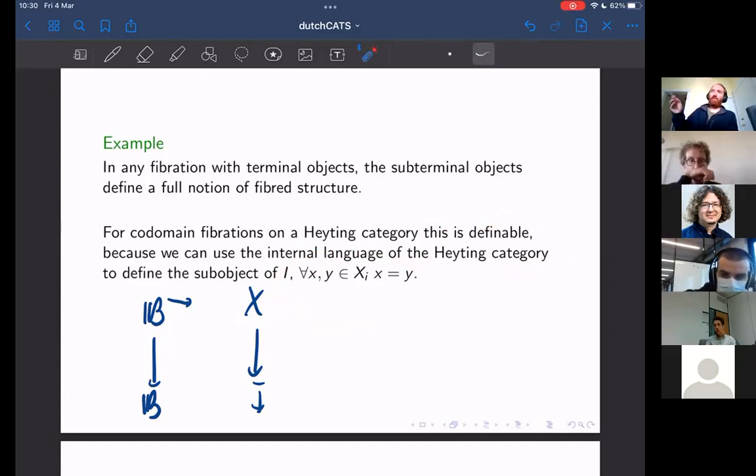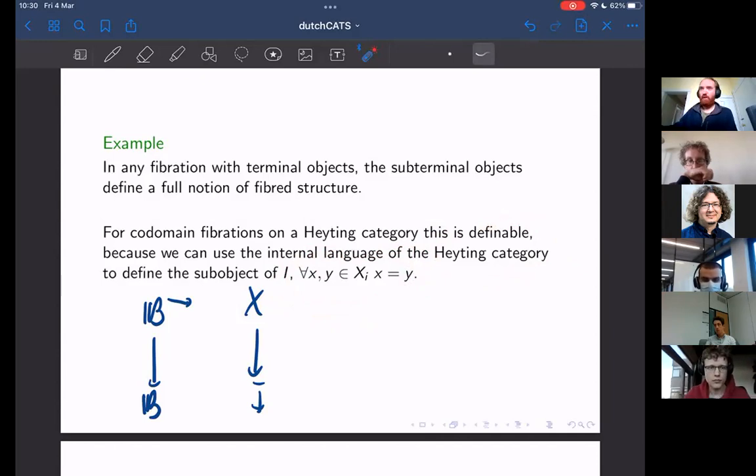Yeah, so the representability is saying that this internal definition matches up exactly with the external one as subterminal objects.